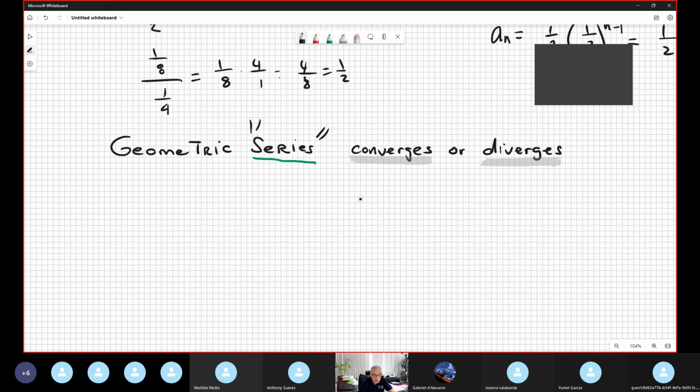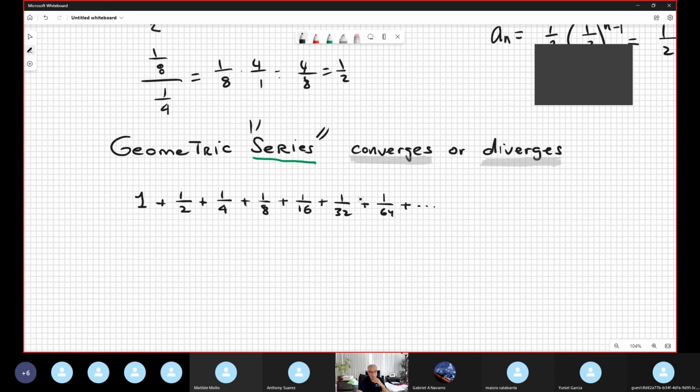Suppose that we have one intuition first. 1 plus 1/2 plus 1/4 plus 1/8 plus 1/16 is the next, no? Because you multiply the denominator by 2: 2 times 2 is 4, 4 times 2 is 8, 8 times 2 is 16. What is the next? 32, then 64, and so on.